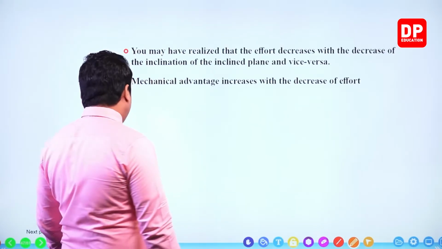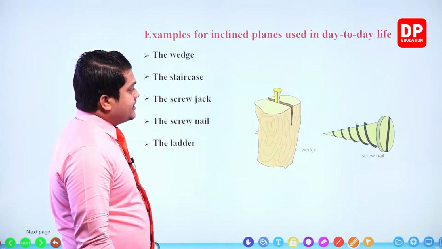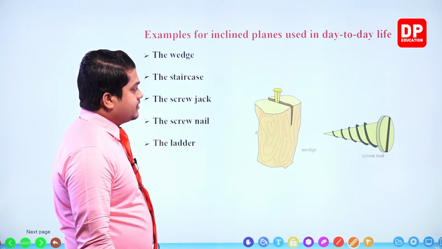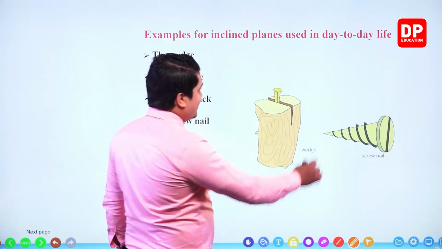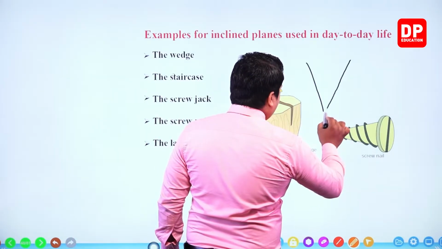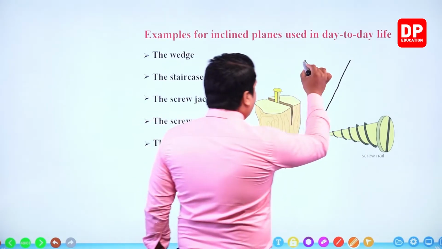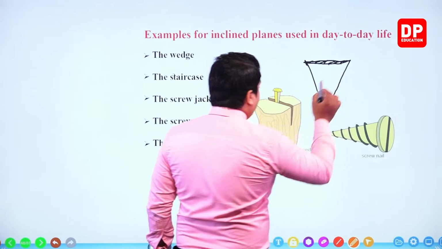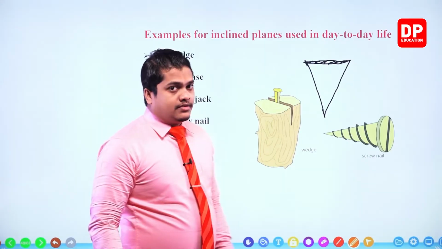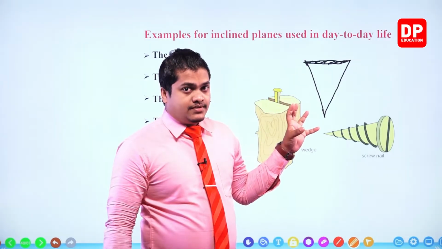Now let's head on to the next. Examples of inclined planes used in day-to-day life. Number one, the wedge. A wedge is a wooden or metal plank kind of object having an inclined surface.